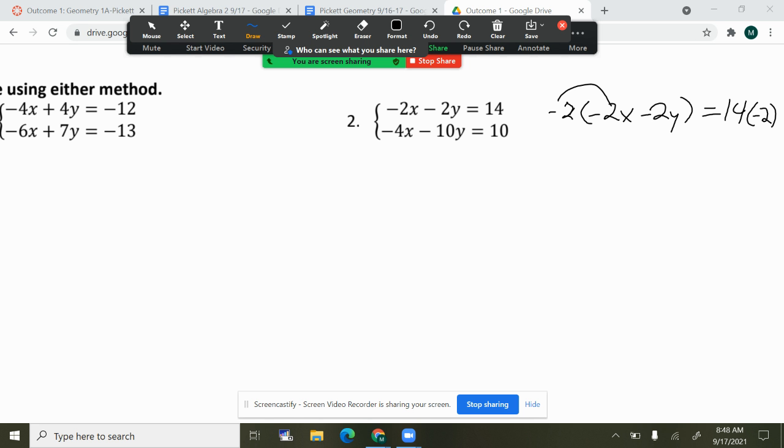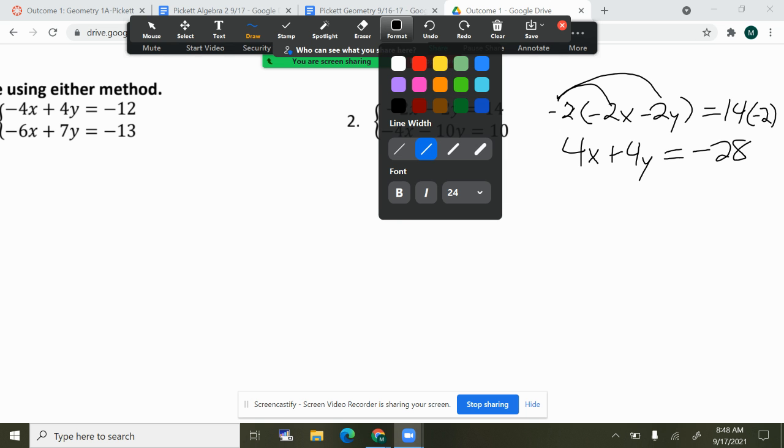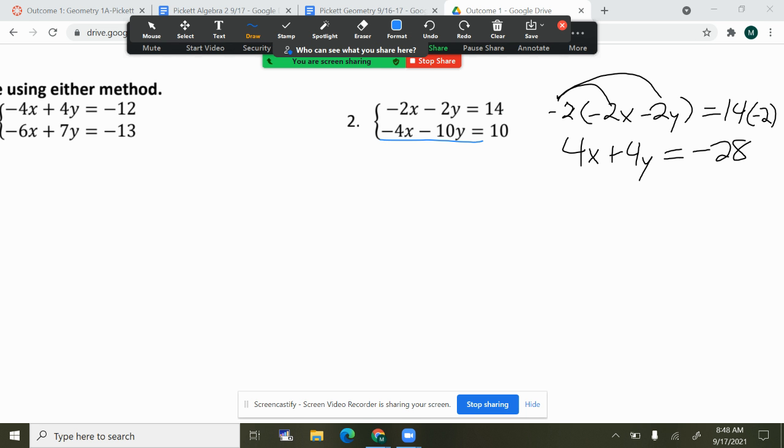Negative 2 times negative 2x is 4x, negative 2 times negative 2y is plus 4y, is equal to 14 times negative 2 is negative 28. Then I'm going to grab that second equation and write it right underneath it. So that's negative 4x minus 10y is equal to 10. I don't need to change anything about this.